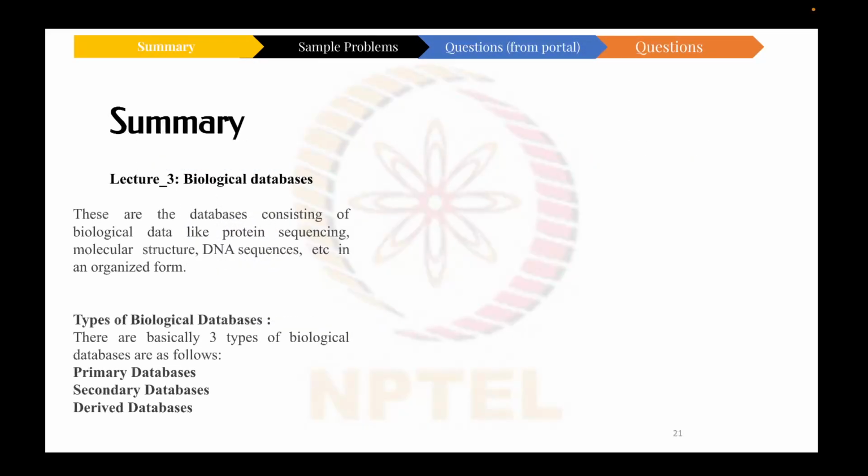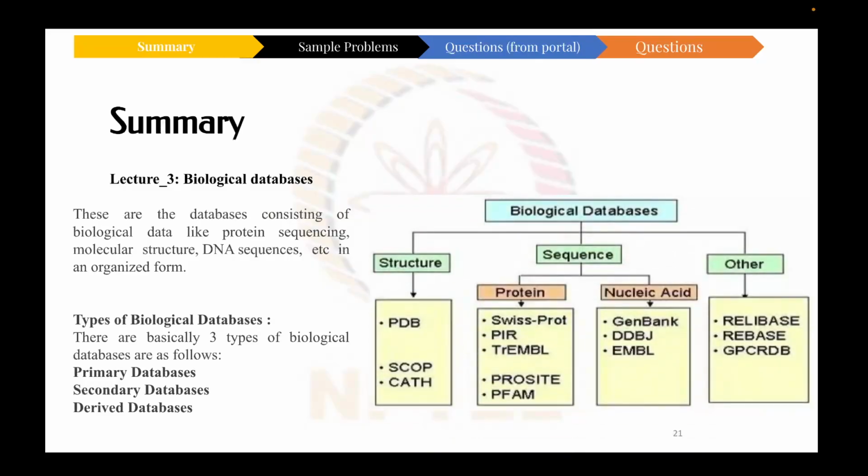In bioinformatics, a wide range of databases is available to store and manage biological data. These databases cover diverse aspects of biological information including genetic sequences, protein structures, functional annotations and more. Here are some examples of biological databases.